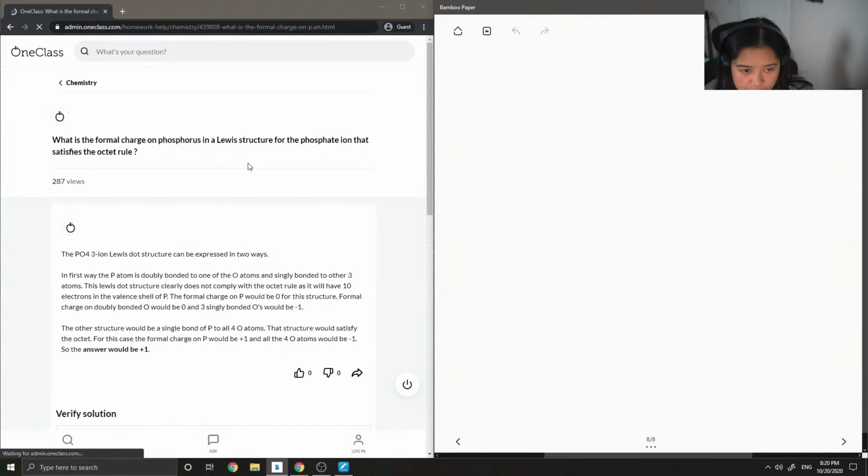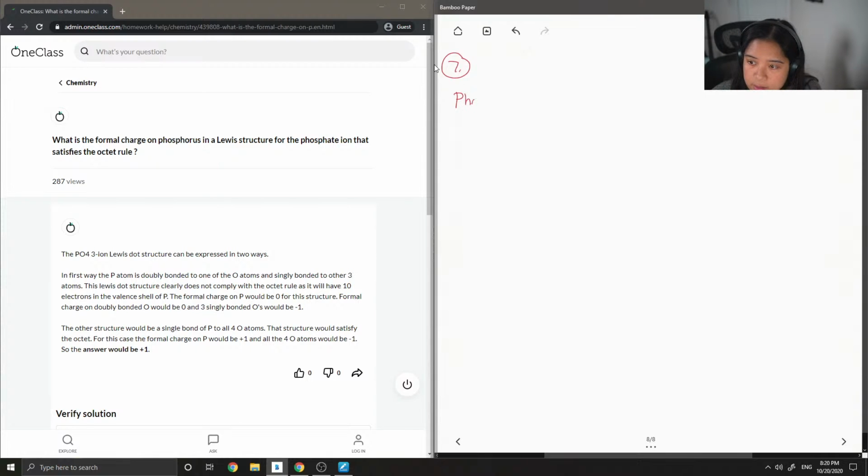What is the formal charge on phosphorus in a Lewis structure for the phosphate ion that satisfies the octet rule? Okay, so I'm gonna draw out two different forms of the phosphate ion.